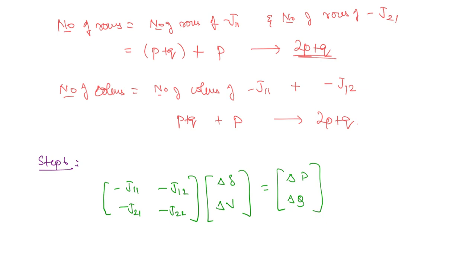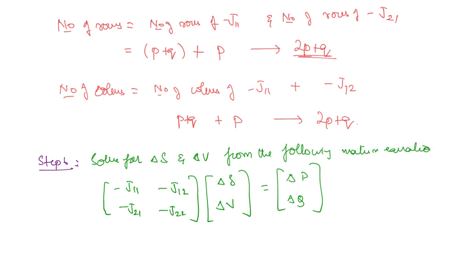So this we have found out. Jacobian matrix also we have found out. Now what we have to do? We have to solve for these variables. Okay, solve for delta delta and delta V from the following matrix equation.